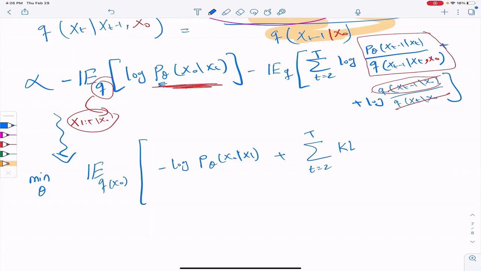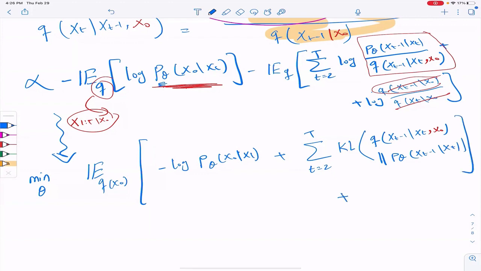So it is another KL of two distributions: q xt minus 1 given xt and x0 versus p theta of xt minus 1 given xt, plus some constants that I don't really care about in my optimization.